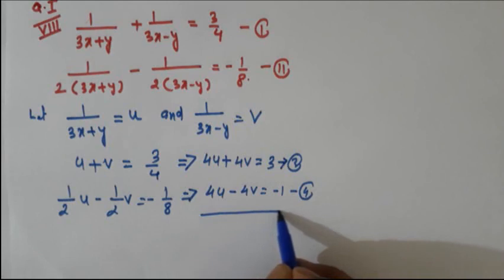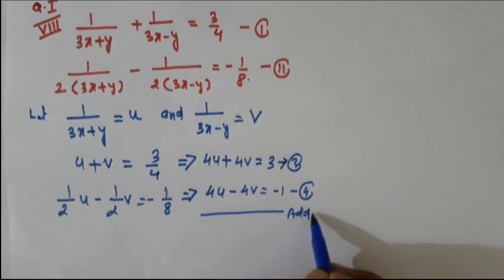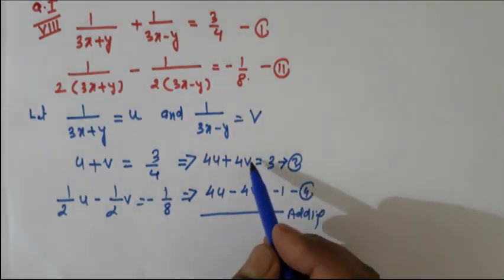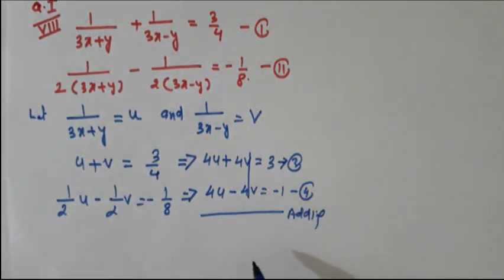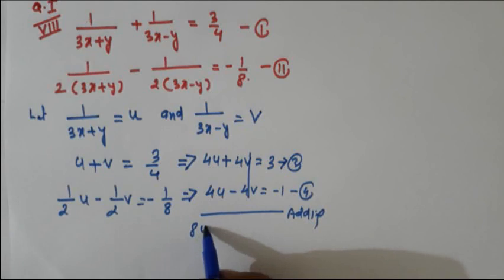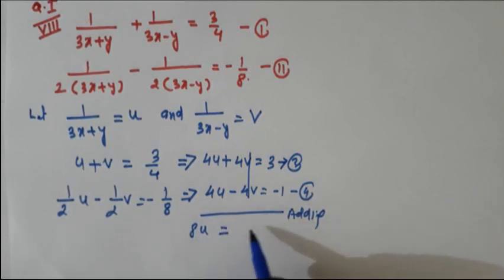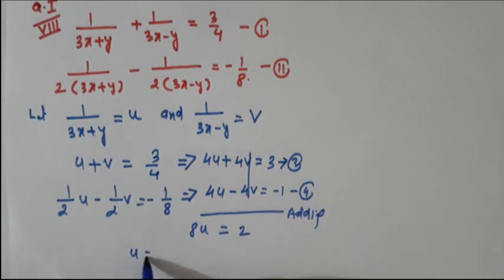So right here adding this, 4v and 4v is cancelled, that is 4u plus 4u, 8u is equal to 3 minus 1, that is equal to 2. Then u is equal to 1 upon 4.